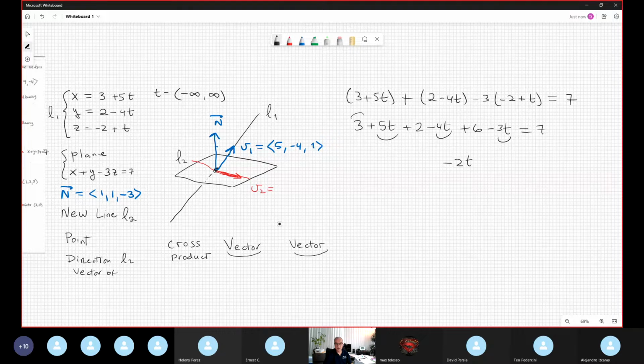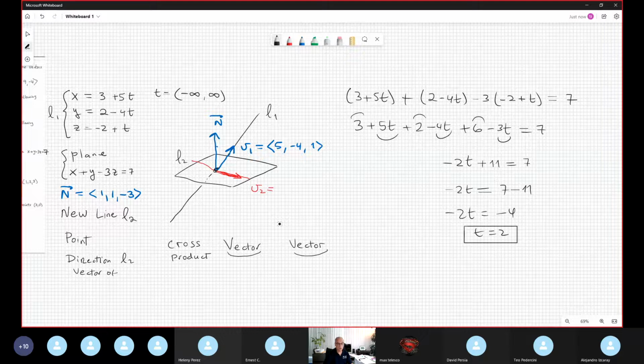And 3 plus 2 plus 6 is 11, no? Minus 2t equals 7 minus 11, which is negative 4. t is 2.